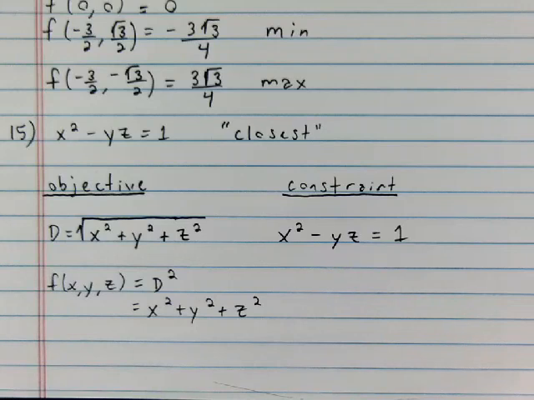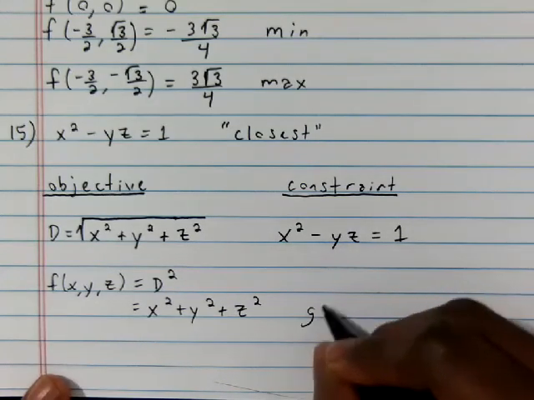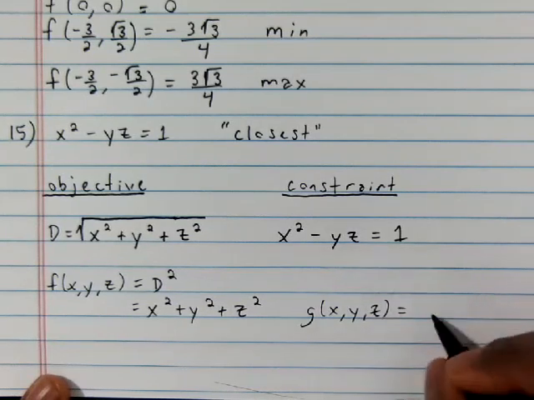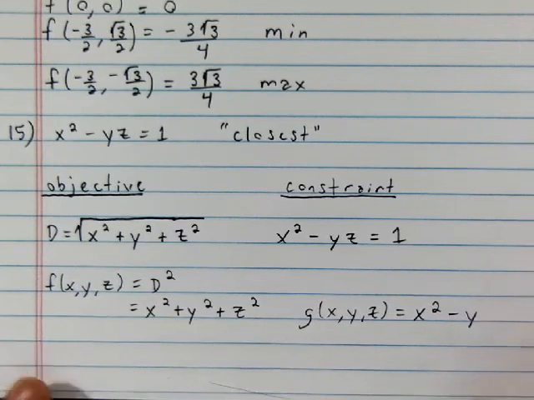All right, so now we have our function f, and our function g is the left-hand side of this. So g of x, y, z equals x squared minus yz.